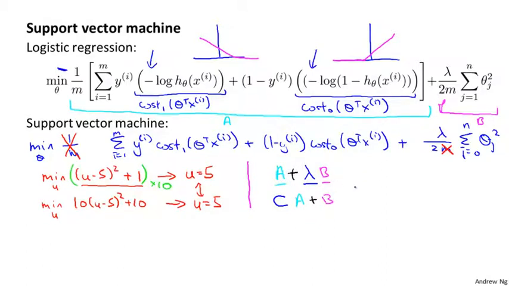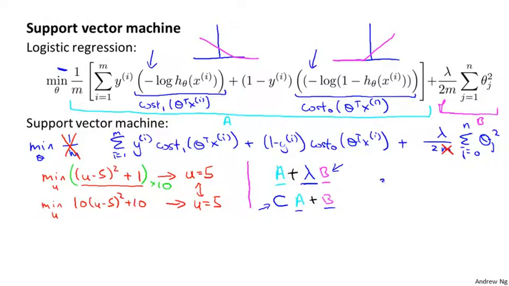For logistic regression, setting a very large value of lambda means giving B a very high weight. Here, setting C to a very small value corresponds to giving B a much larger weight than A. So this is just a different way of parameterizing how much we care about optimizing the first term versus the second term.